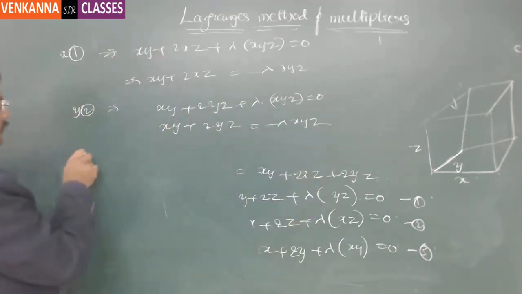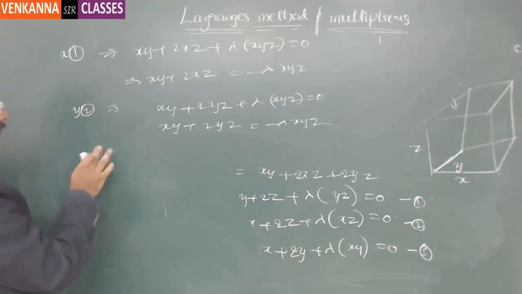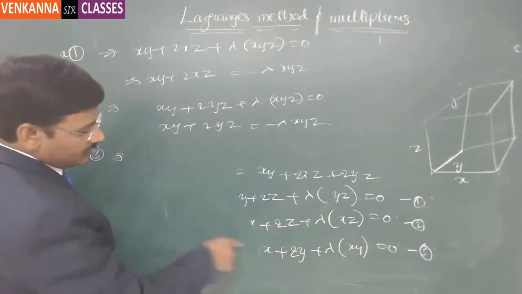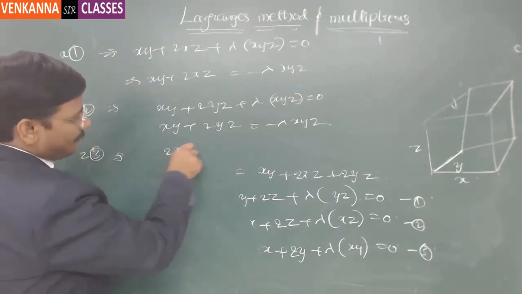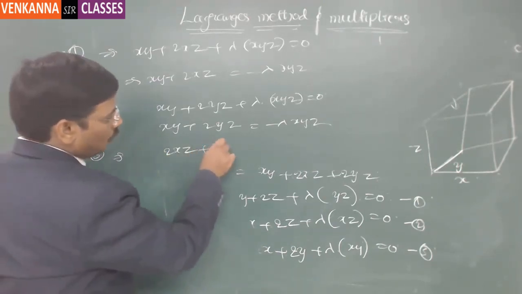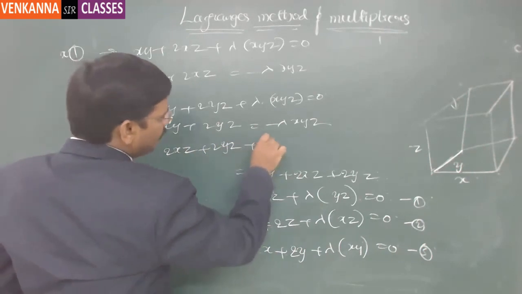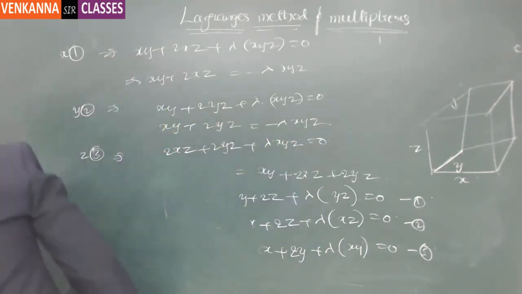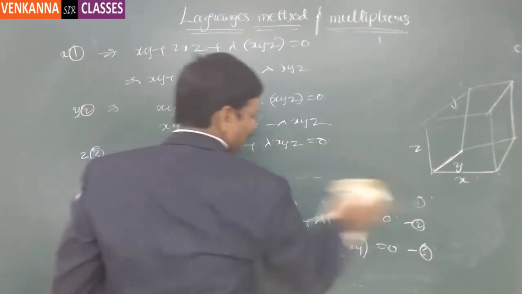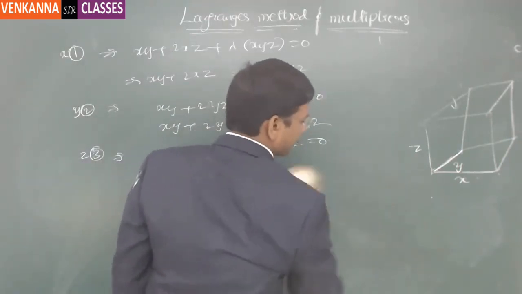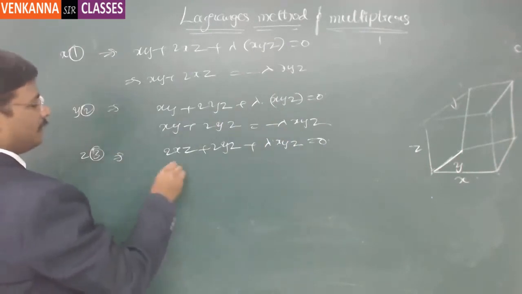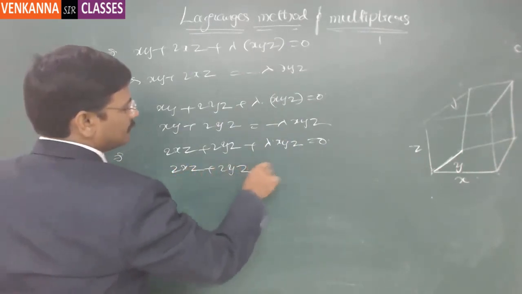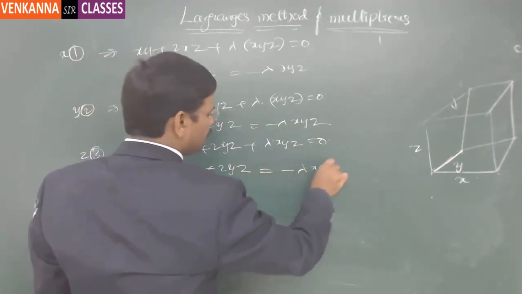And the third one is z. If you multiply the third one with z, then this will be 2xz plus 2yz plus lambda times xyz equal to 0. From this, then it will be 2xz plus 2yz is equal to minus lambda xyz.